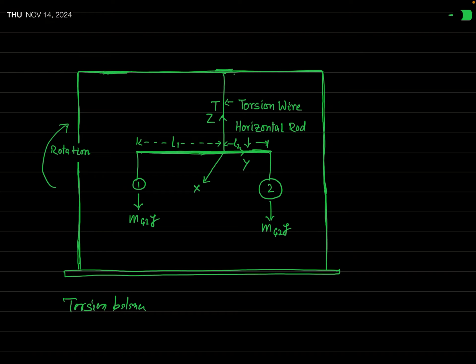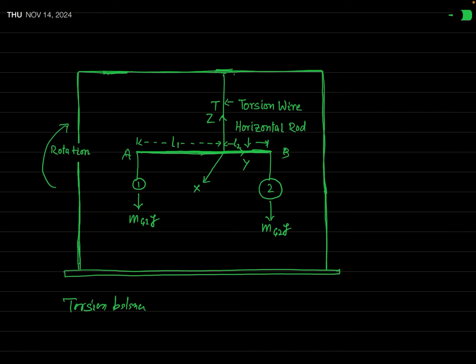This is the horizontal rod, and at the two ends, let us say A and B, two masses are connected, or you can say that two materials are connected. I have marked the first mass by 1 and the other by 2. These are connected at the two ends of the horizontal rod. It is assumed that this rod is in equilibrium, both translational and rotational, and therefore the rod remains horizontal. Okay.